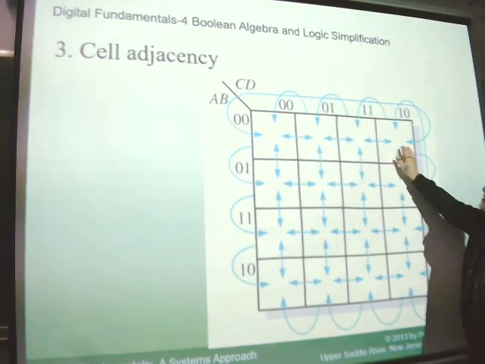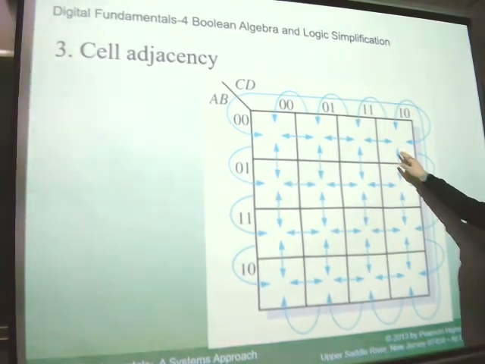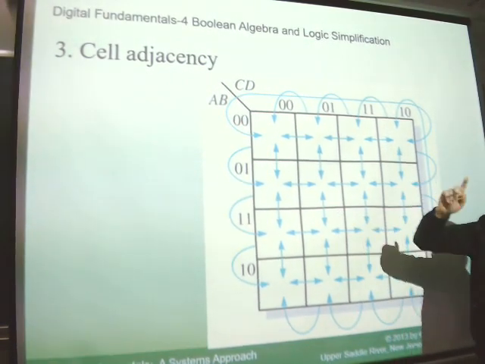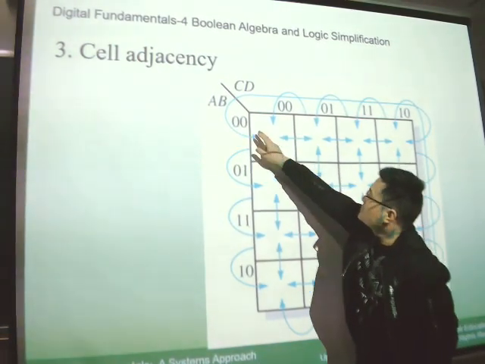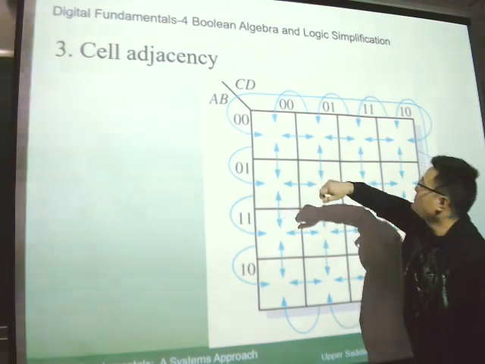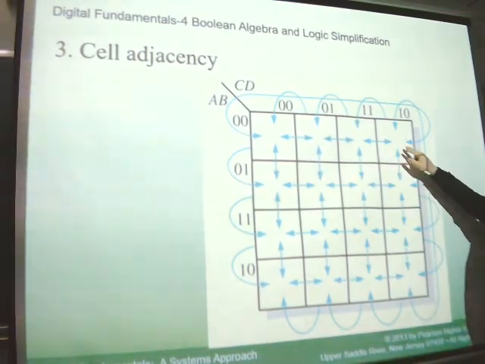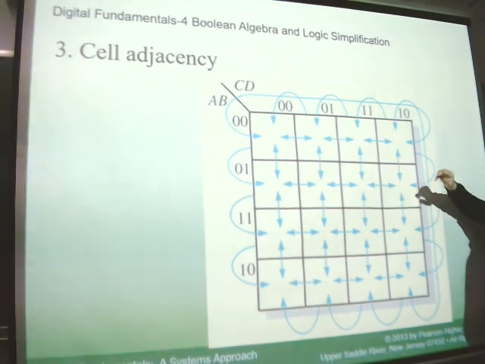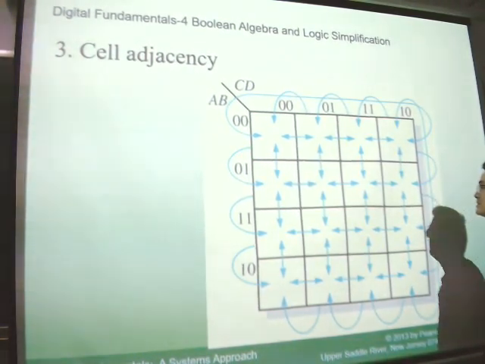Because the binary values of these two cells only have one bit difference. For example, this is 0, 0, 0, 0, and this is 0, 0, 1, 0. Only one bit is different.